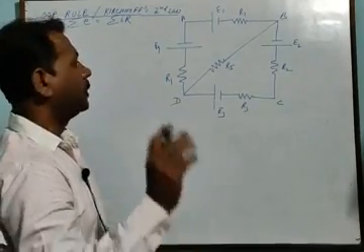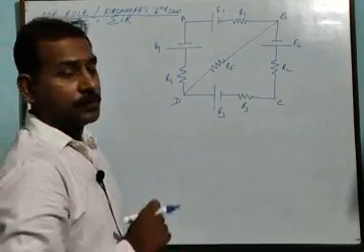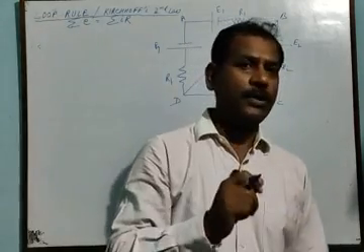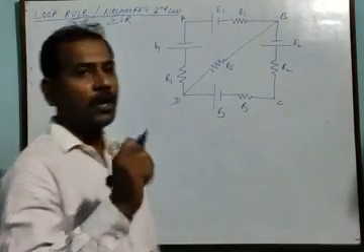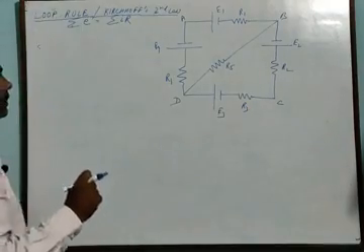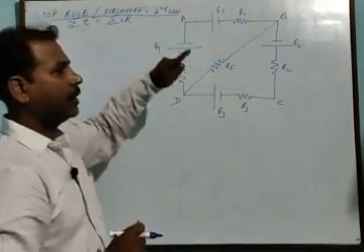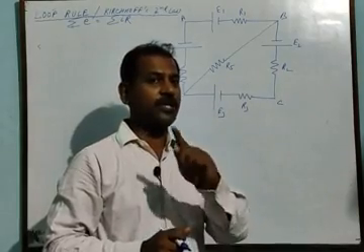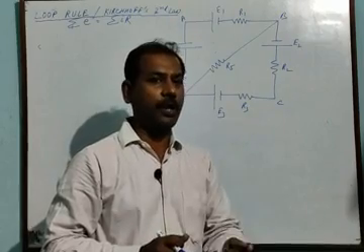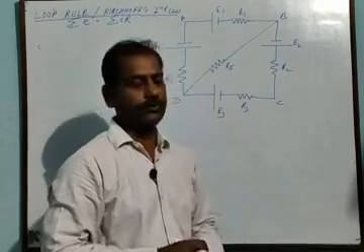But first, to apply the second law, we must know which form you are utilizing, summation of E is equal to summation of IR or summation of V is equal to 0. First you decide yourself which you would like to apply. According to that, you will use sign convention.